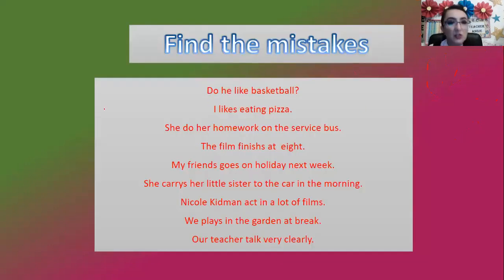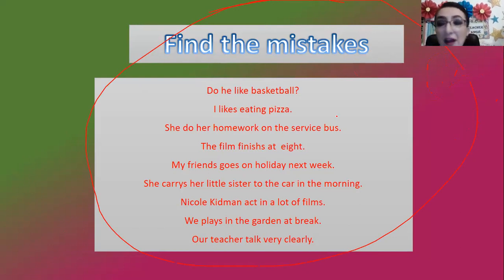We have this exercise for you. You are going to try to find the mistakes and correct them. I would love to do it with you, but I have more topics that I want to show you.